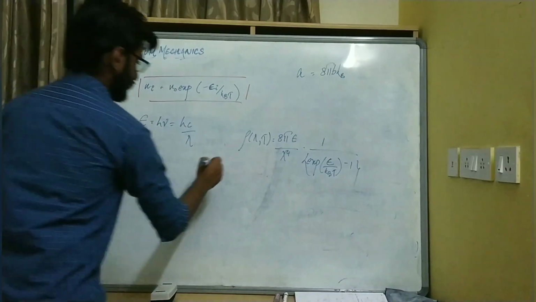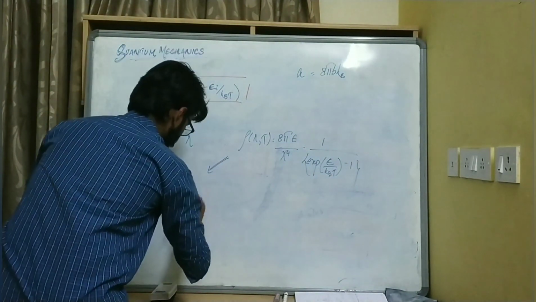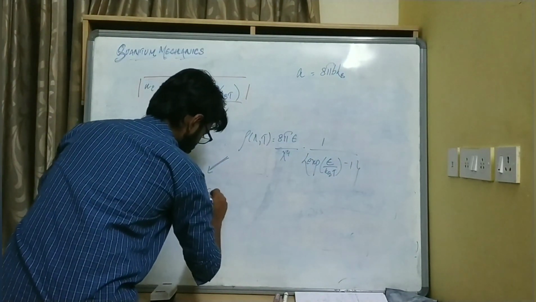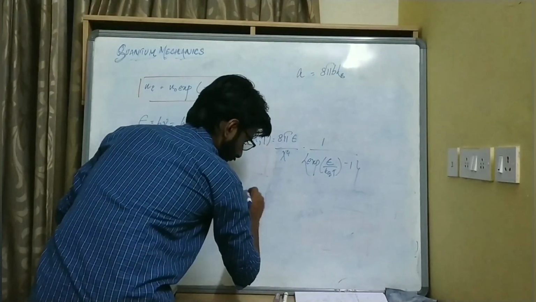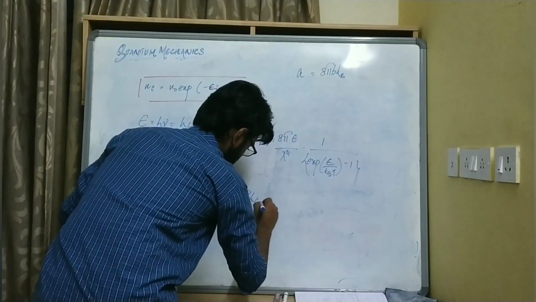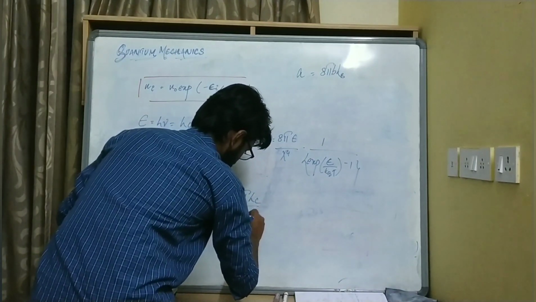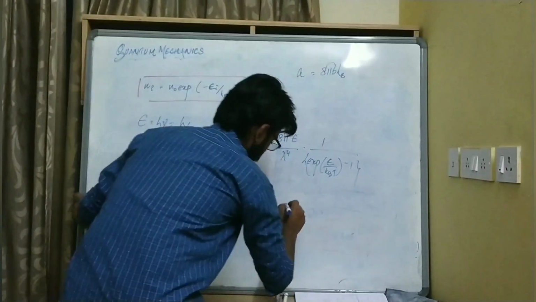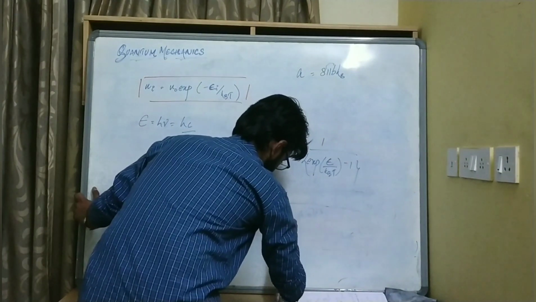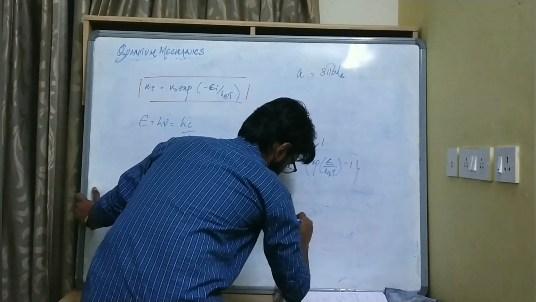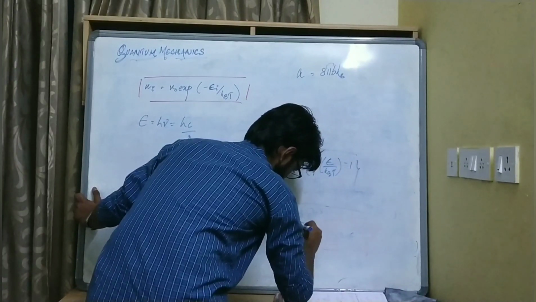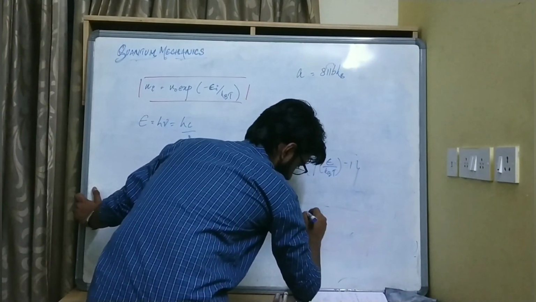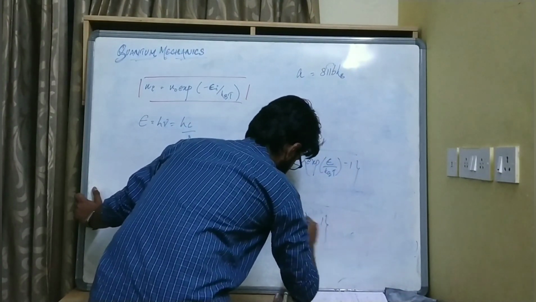So this will come out to be rho lambda T is equal to 8 pi hc by lambda to the power 5, times 1 by exponential hc by lambda kB T minus 1.